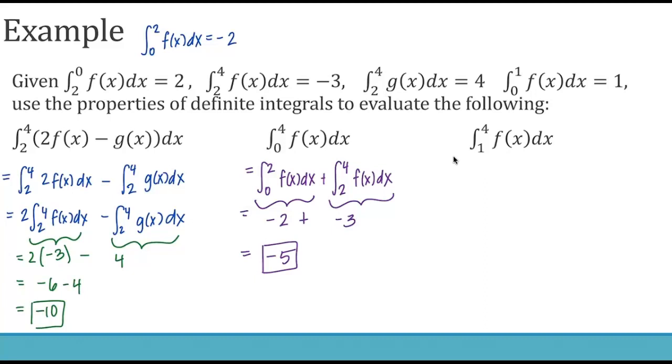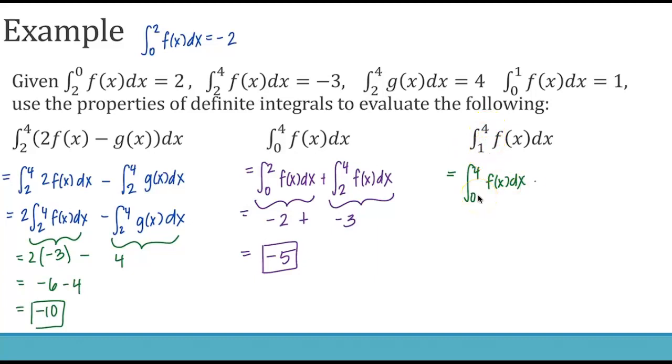So the integral from 1 to 4 of f of x dx is going to equal the integral from 0 to 4 of f of x dx, which notice we found in this second part here. So we have all of the area from 0 to 4 of f of x dx, which is too much. We only want everything from 1 to 4.